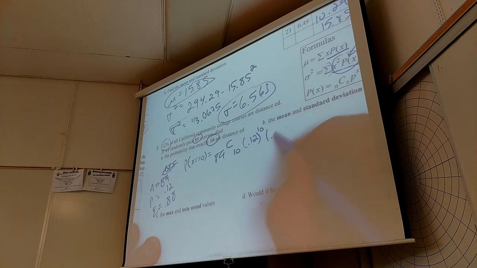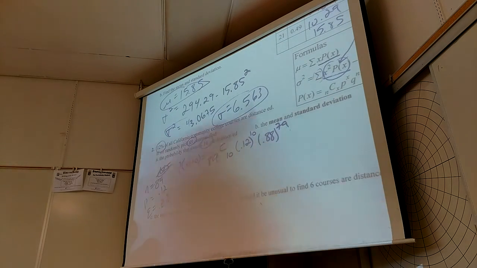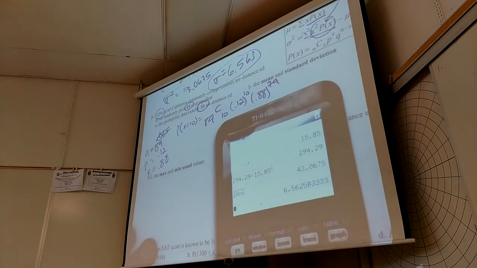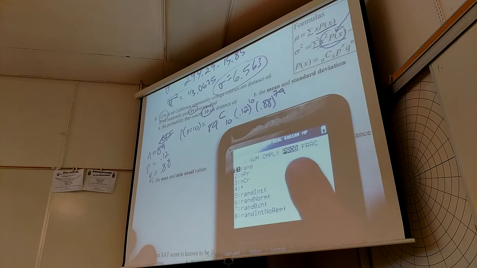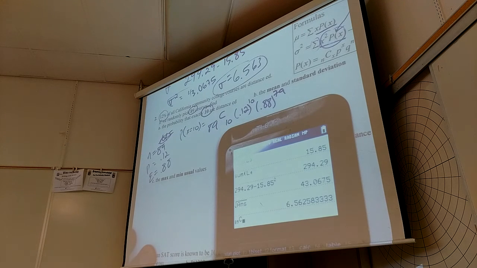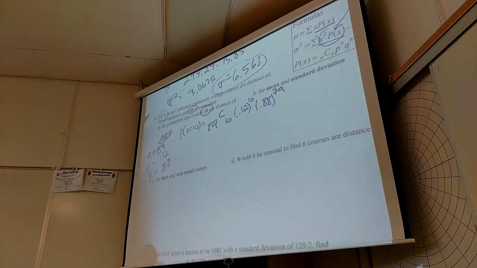Freaking 10 of them. So how many failures do you want? The rest of them. And then it's just a question of, do you remember how to put that in a calculator? 89, math, probability, choose 10, right? Times 0.12 to the 10th times 0.88 to the 79th.